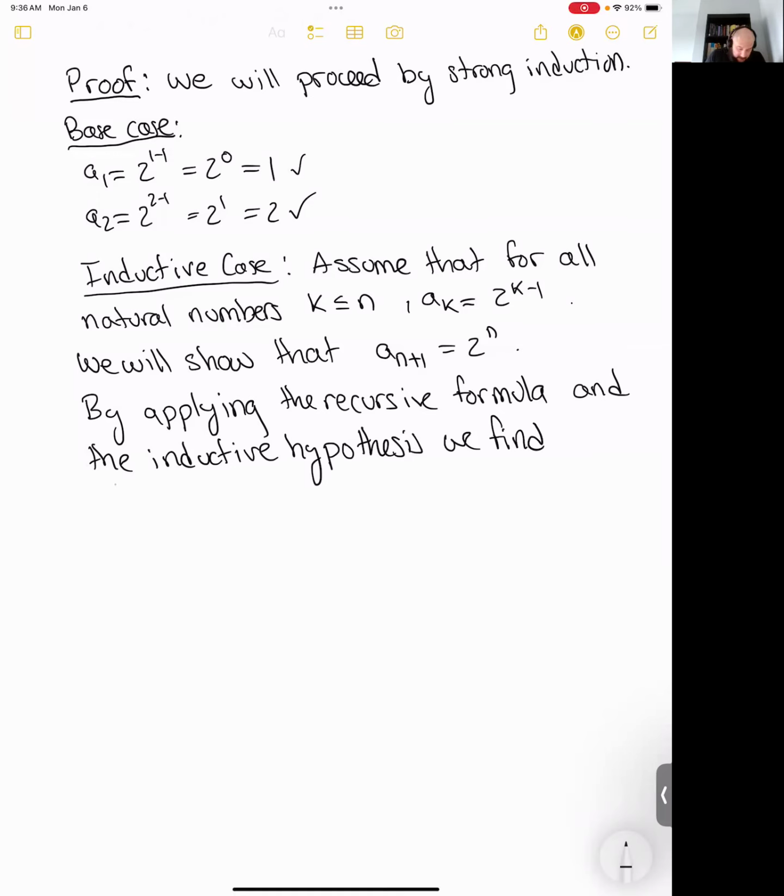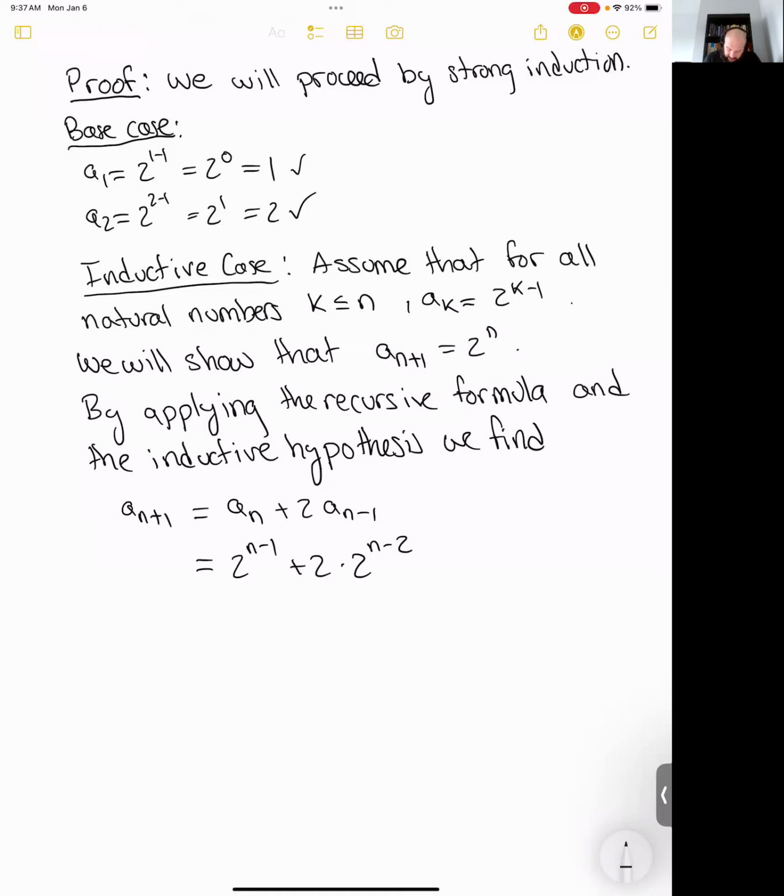I'm going to take a sub n plus 1, which by the recursive formula is a sub n plus 2 times a sub n minus 1. Both of those fall in the strong inductive hypothesis range, right? They're both less than or equal to n. So I can just use the inductive hypothesis. That's 2 to the n minus 1 plus 2 times 2 to the n minus 2.